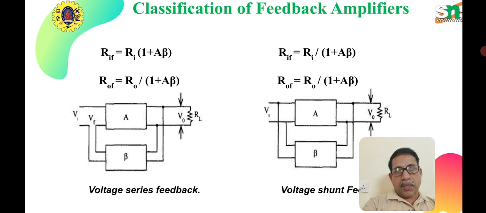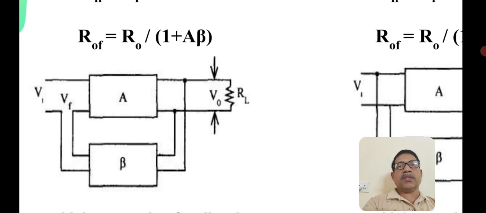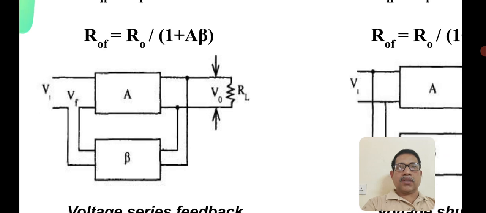The output of beta is connected in series as VF. Therefore, the output is shunted and the input side is series. Since the output part is shunted, it is named voltage, and since the input part is series, it is named series.